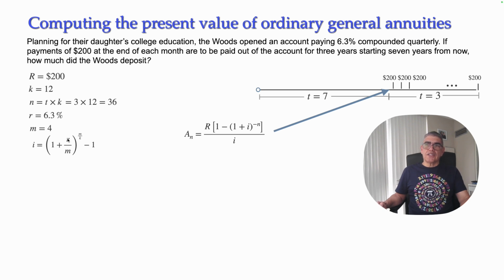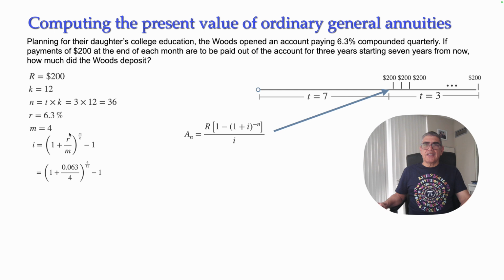Please use this to compute i, and this is the i that is going to be in the formula. This is the equivalent rate of interest compounded monthly, because k equals 12, that is equivalent to 6.3% compounded quarterly. Okay, so let's make the computation.